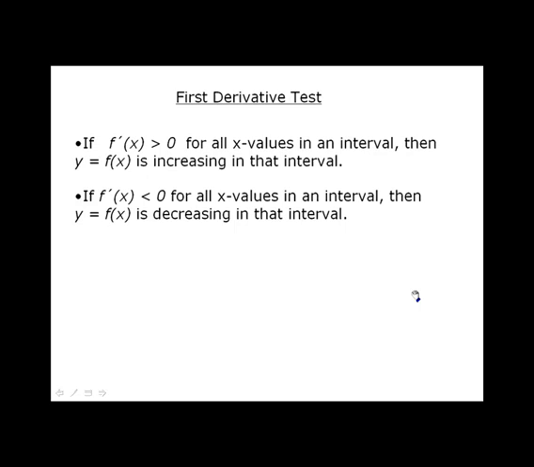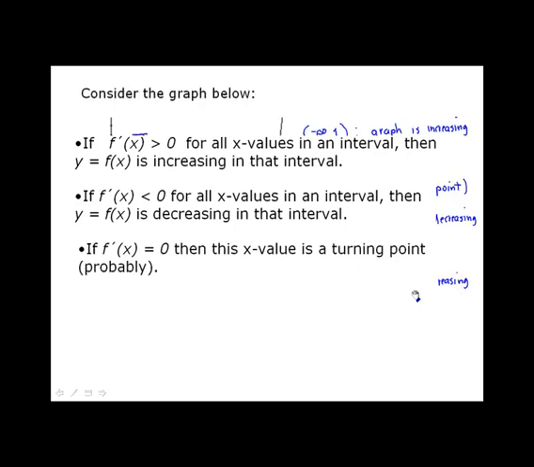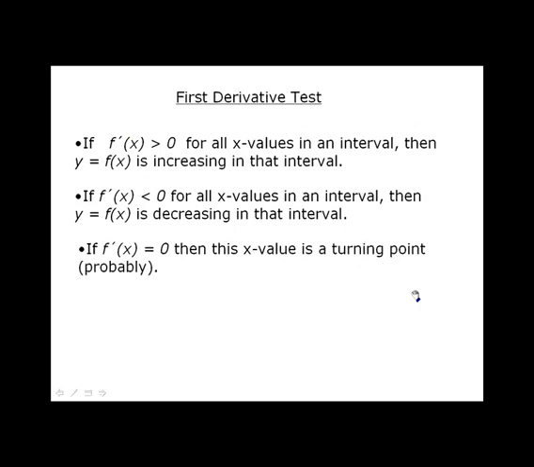Okay, we saw that in the previous one. Here's the point that's maybe a little debatable. If the derivative is equal to 0, then this x value is probably a turning point. And I put in probably, because that isn't ironclad. That's not a guarantee. So we'll have to spend some time getting clear on this point. Certainly it was true in the previous graph. It won't always be true, though. So you want to file that information away someplace.